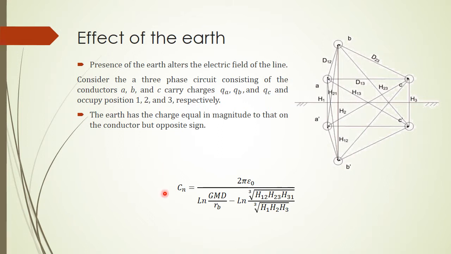So the new formula will be given by Cn equals 2 pi epsilon 0 over logarithm of GMD over GMR or RB, then minus logarithm of the average of H12, H23 and H31 over the average of H1, H2 and H3. As a result, we see that the overall capacitance will be bigger.